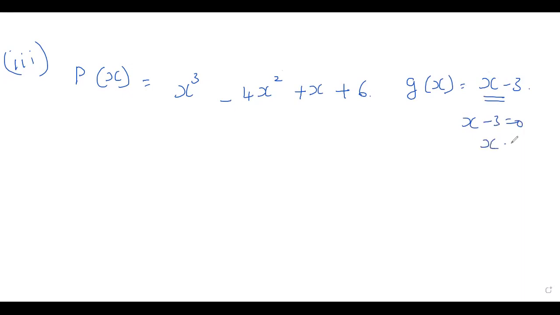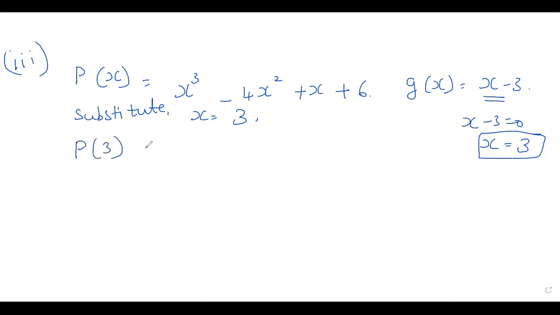So you have to take x is equal to plus 3. Substitute x is equal to plus 3. P of 3 is equal to x cube, that is 3 cube minus 4 into 3 square plus 3 plus 6.